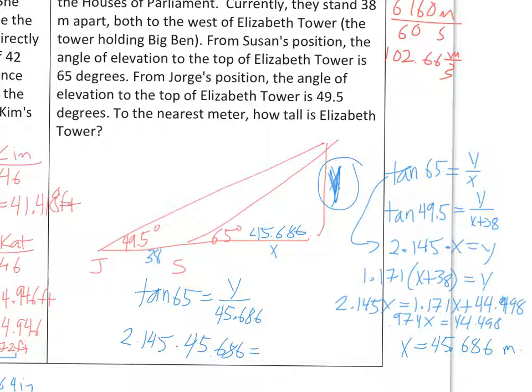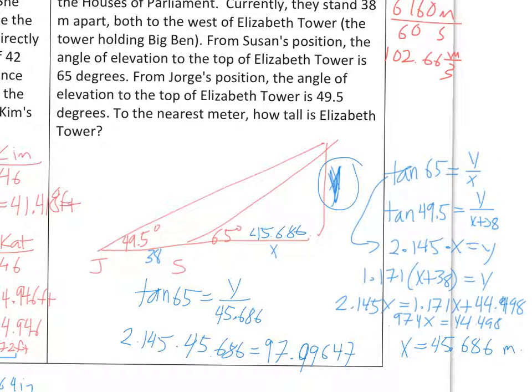So we've got 2.145 times 45.686, and we get 97.99647. So basically 98 meters tall.